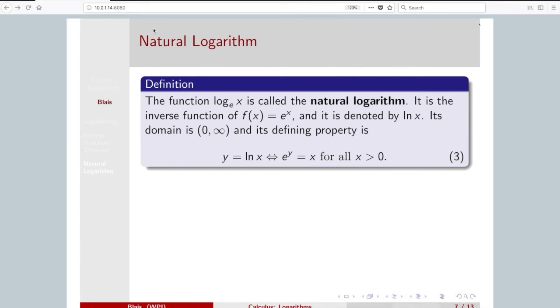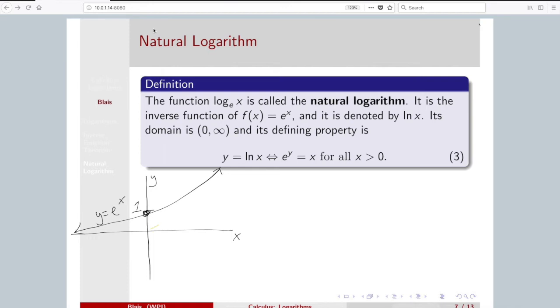All right, now let's get into natural log. So natural log is the inverse function of the natural exponential. So remember, we had said the natural exponential was this function we called e to the x, where base e was about 2.71. It's an irrational number.